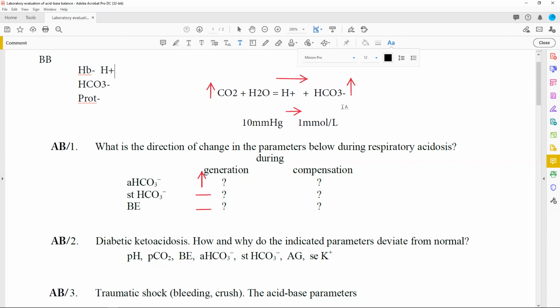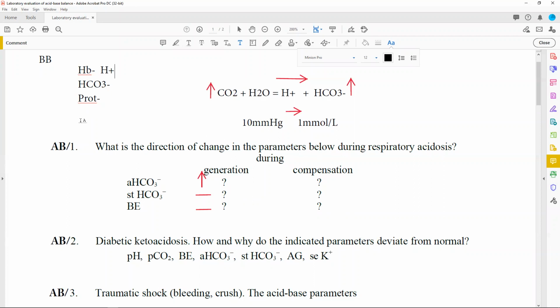So from the periphery, the bicarbonate that was made from water and CO2 is transported to the lung in the plasma. But inside the red blood cells, we do have the proton bound to the hemoglobin plus chloride.